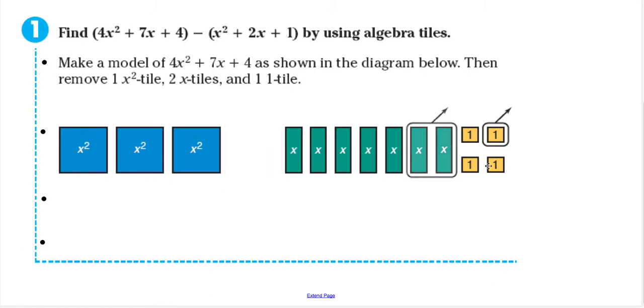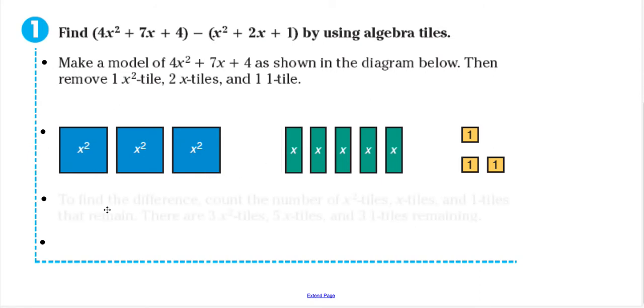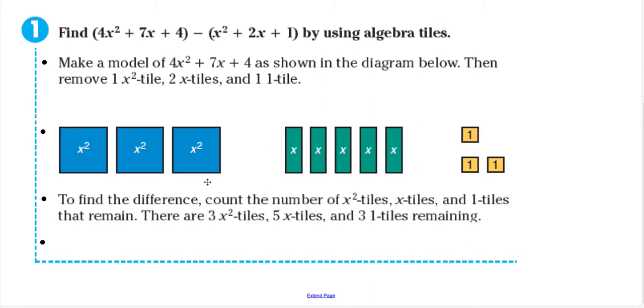Take that away, take that away, and take that away. We end up with 3x squared, 5x tiles, and 3 one-unit tiles remaining.